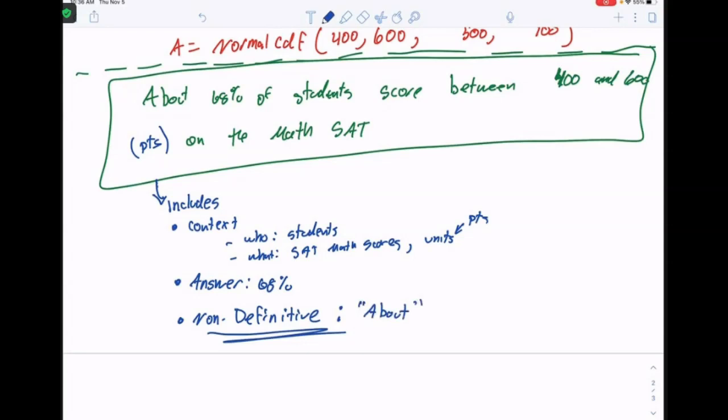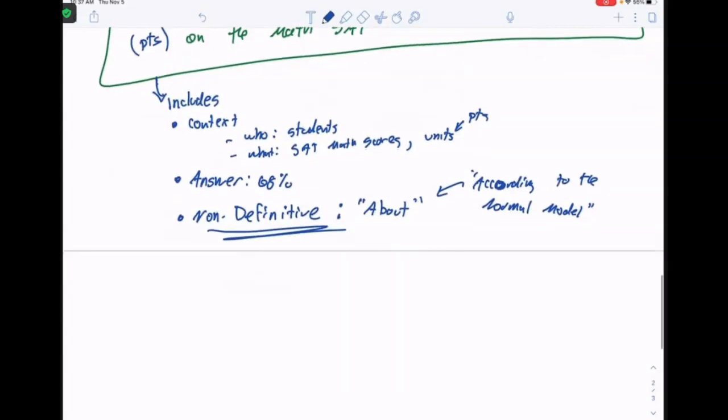It's about 68%. Now, you could also say something like, according to the normal model, you might see solutions saying this, according to the normal model, and what we are saying is that, yo, it's not exactly 68%, okay? It's actually closer to 68.3%, actually. But even so, it's not exactly 68%, it's about 68%. And so we don't want to be definitive in our answer. Okay.